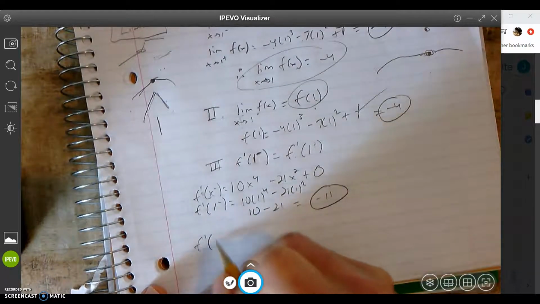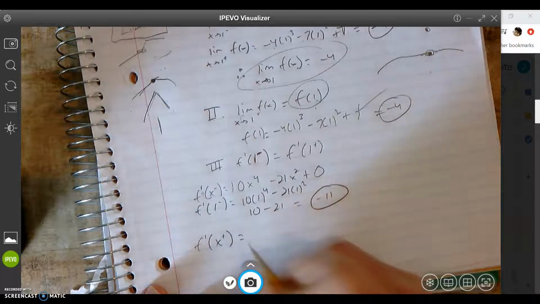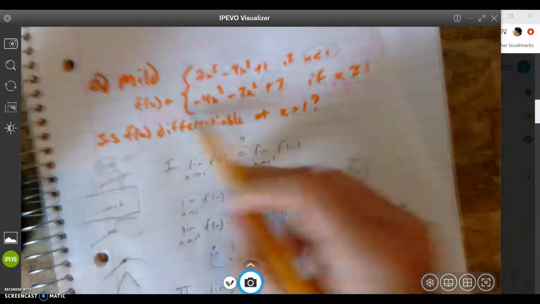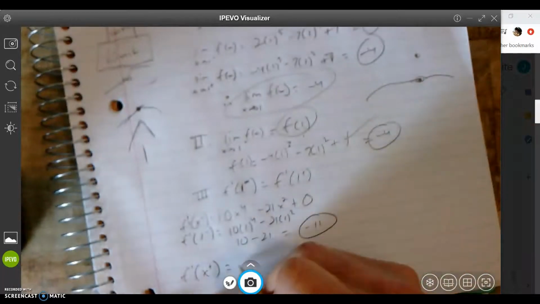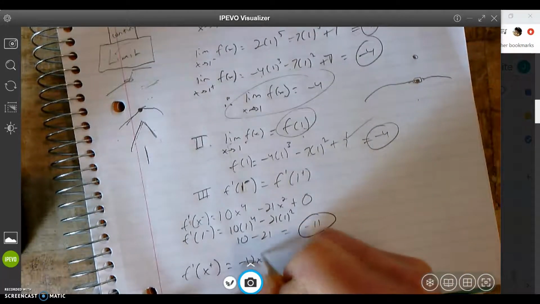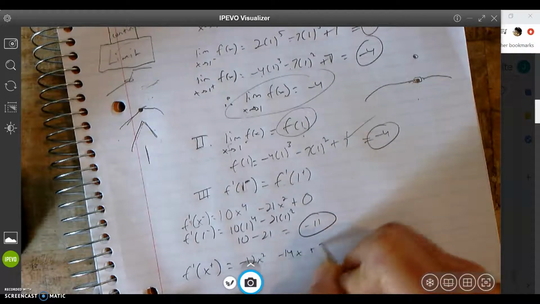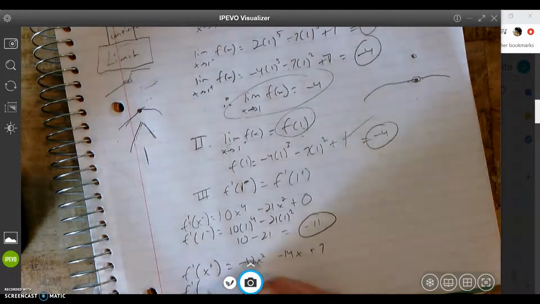So now I want to find the derivative coming from the right. That would be this part right here. So I find the derivative of this. Power rule: negative 12x squared minus 14x plus 7. Now I'm going to plug in 1.